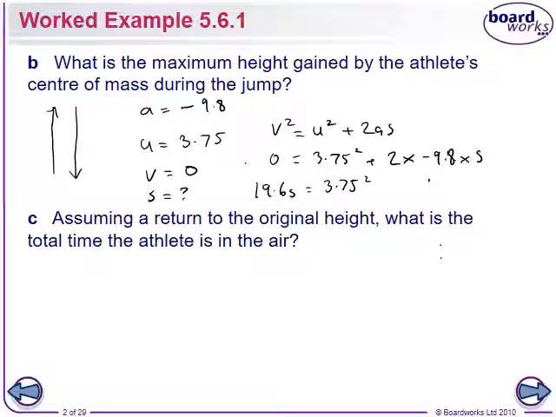And so if we work this out, S is going to be equal to 3.75 squared divided by 19.6. 0.72, I get.